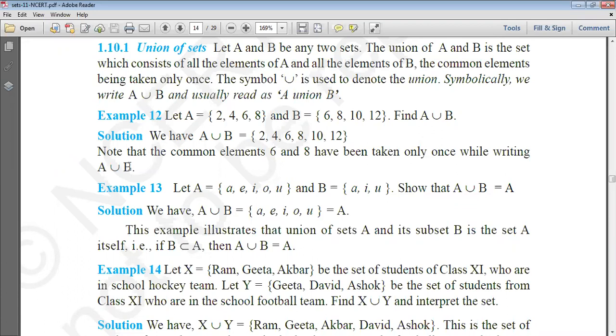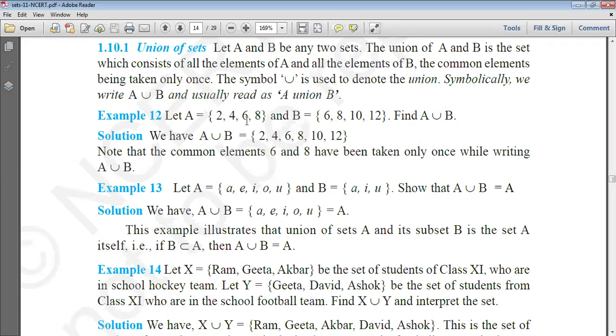Now A union B will be, we have to collect all the elements from A and B: 2, 4, 6, 8, 10, 12. 8 is present in both the sets, so we need not write 8 twice here. We have to write it once only.